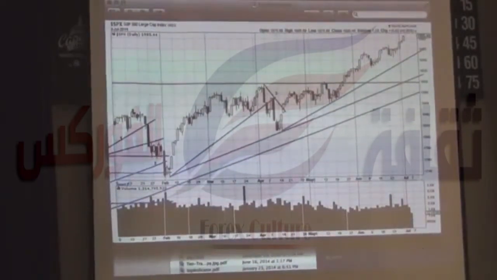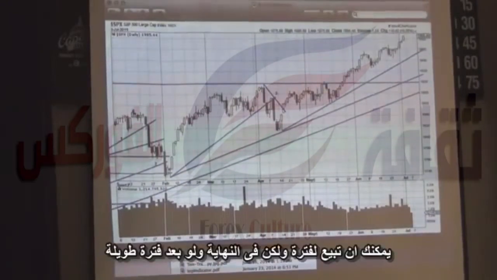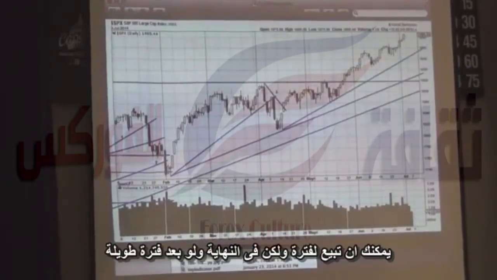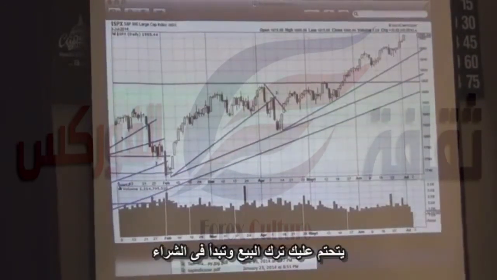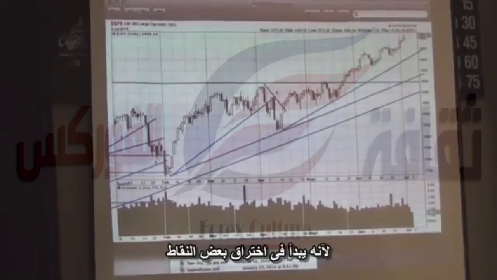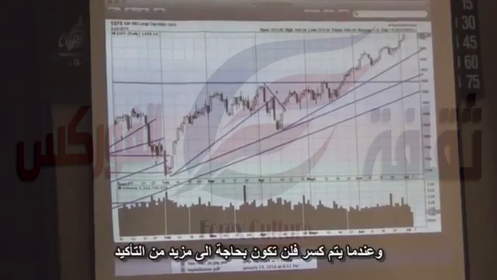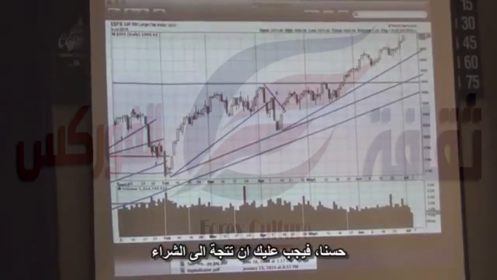At some point, there's a question of timing here. You can sell straddles for a while, but as it lasts longer and longer, you have to get out of selling the straddles and buy straddles, because it's going to break out at some point. You could time that by seeing when this upper resistance line is broken. When it's broken right there, then you don't want to be short any more straddles, okay? You want to be going long.